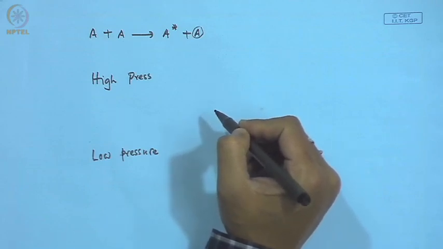Because high pressure means these gaseous molecules are pressed from outside, so they come closer to each other. This means they have a larger probability of having collision with another molecule, another excited molecule.